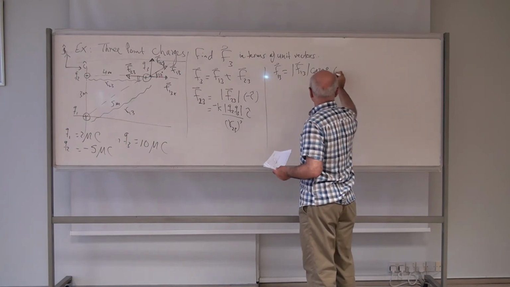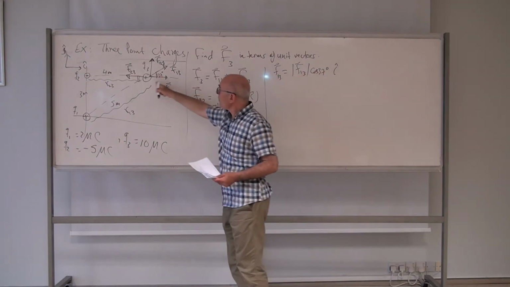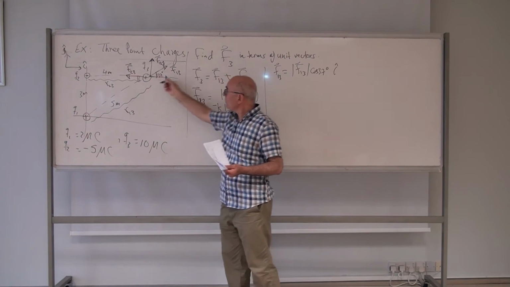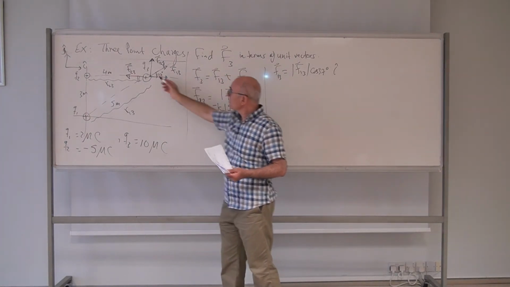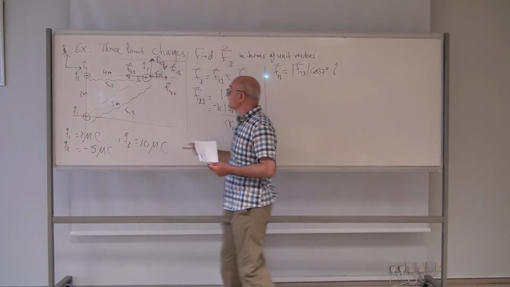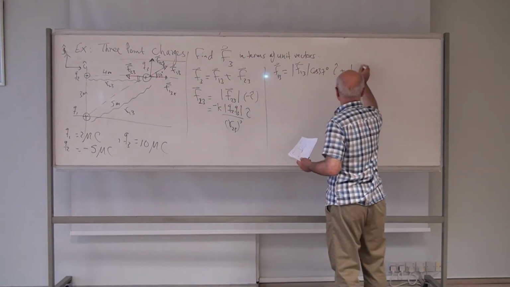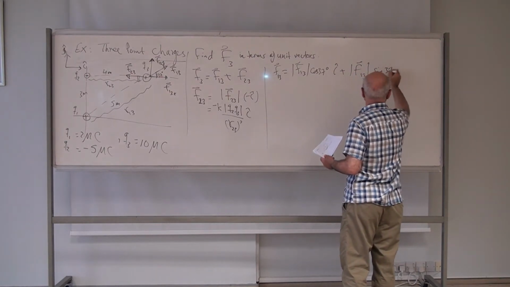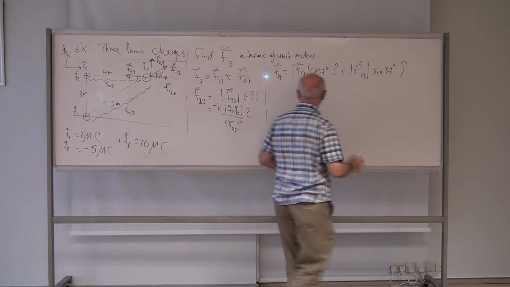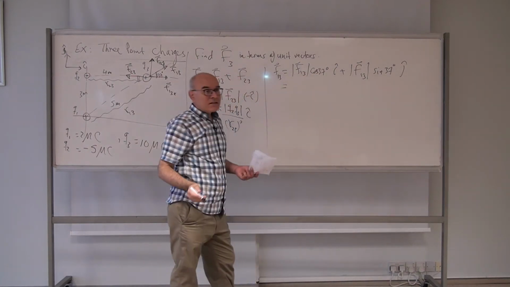Along i hat. I don't put a minus sign because it's pointing in the positive i hat, along the positive x direction. The same applies for this, which is also pointing along the positive y direction. So it is F13 sine 37 degrees along j hat. Now, what is F13?